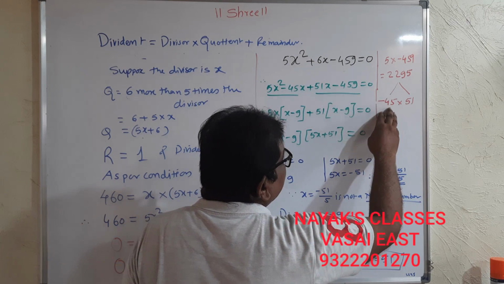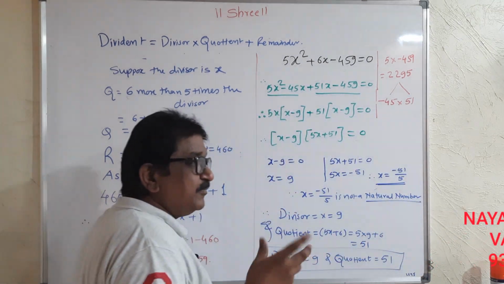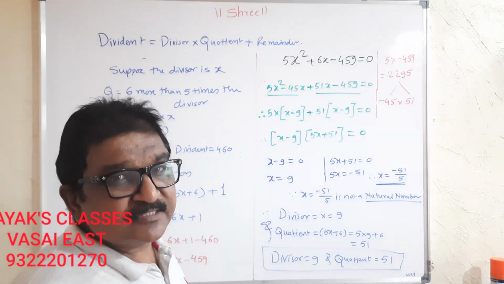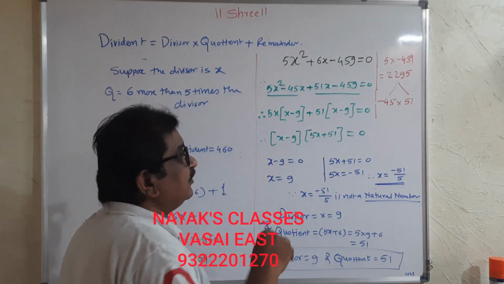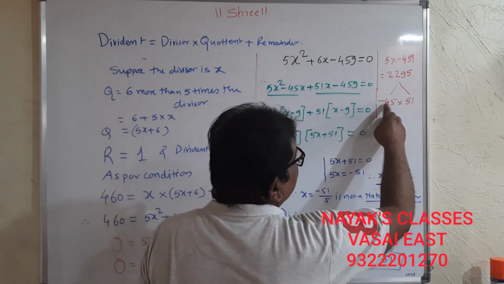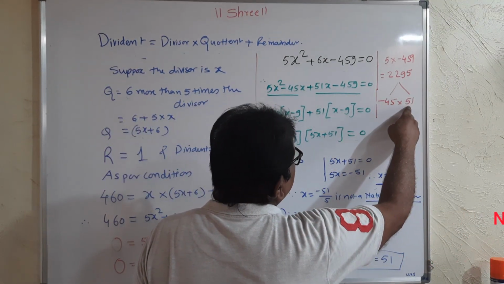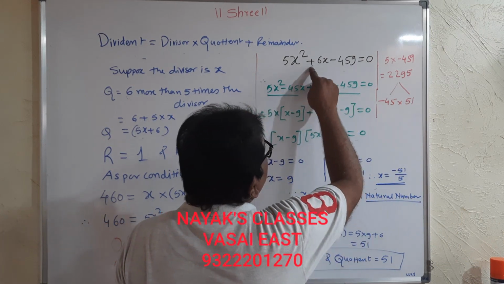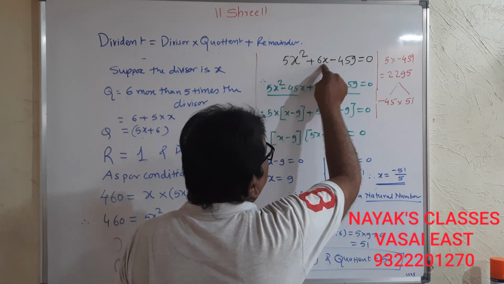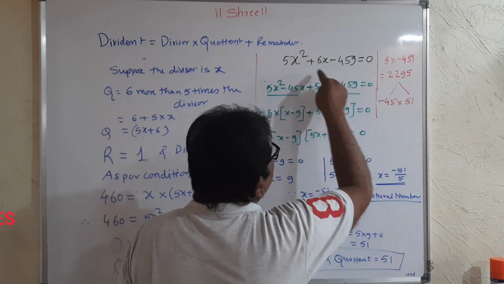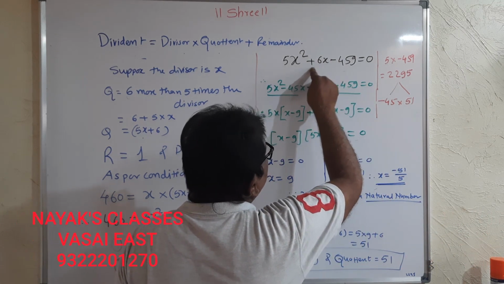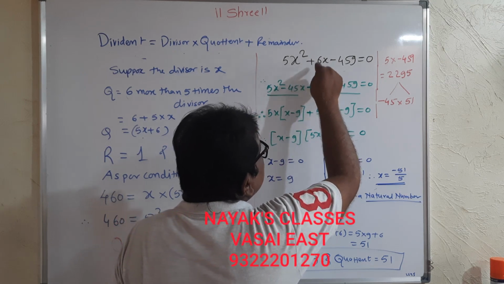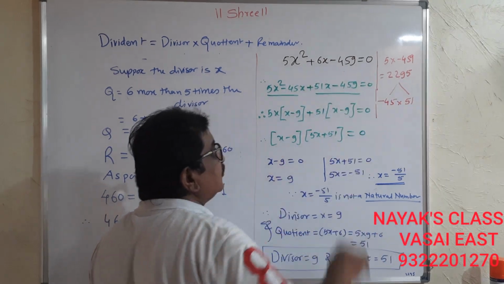I thought 45 into 50 is the main thing which will give us an idea about the product, and we got minus 45 plus 51. So 51 is plus because we need plus 6, so that we can get plus 6 as a sum and the product should be 2295.